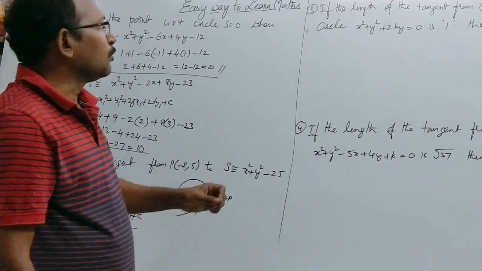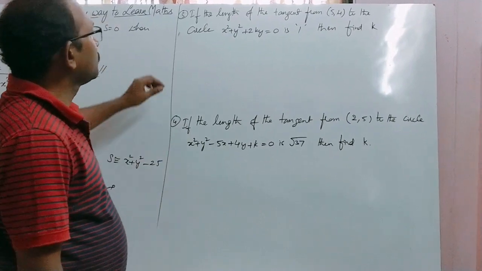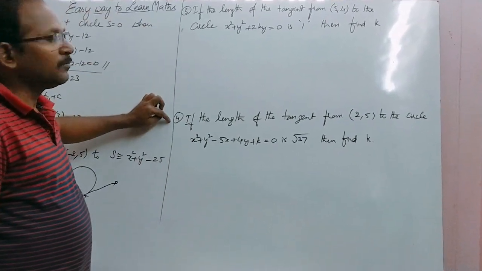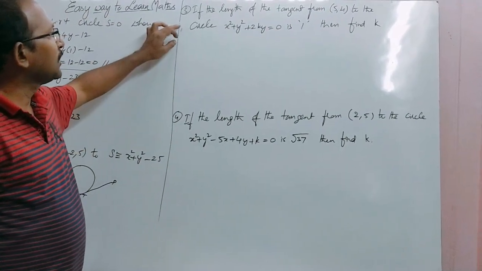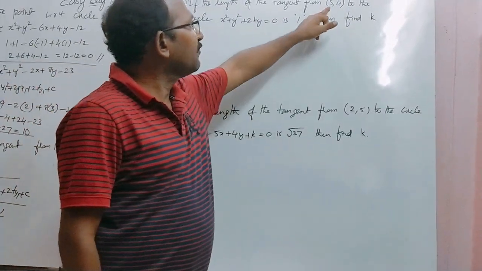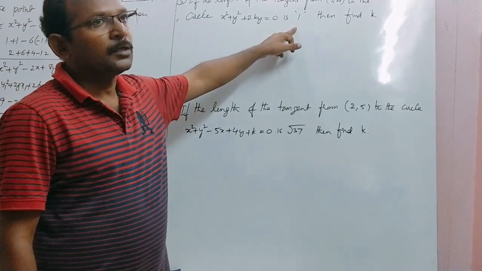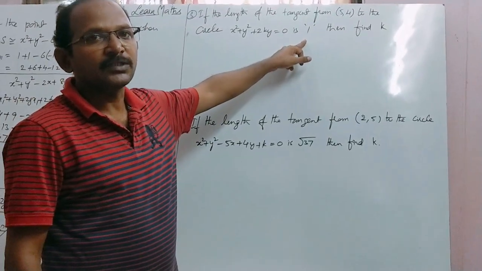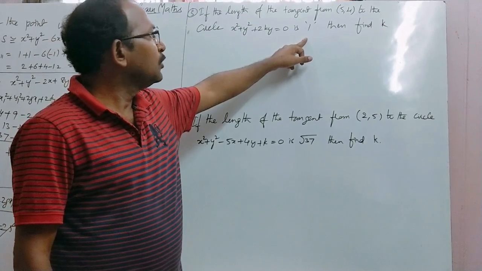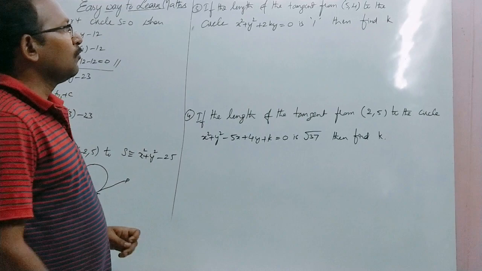Now let us come to these two important problems. Here problems 3 and 4 are important with respect to academic as well as competitive exams. Here, if the length of the tangent from the point (5, 4) to the circle S is 1, the length of the tangent is already given, and by using this clue we have to find the value of k.